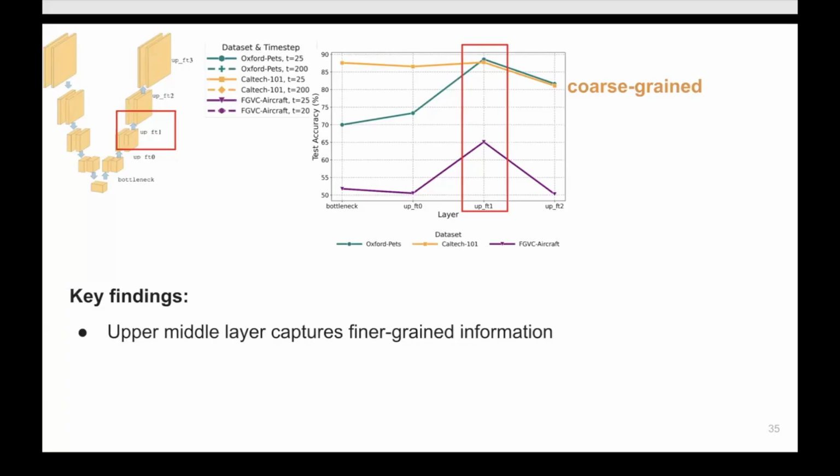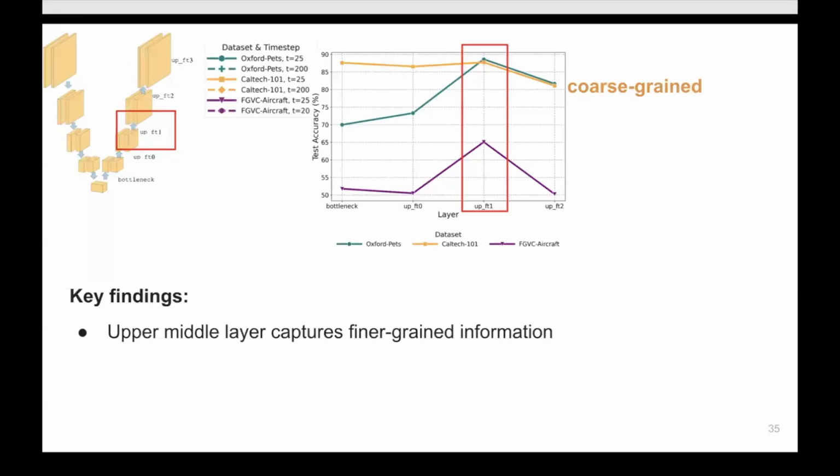You do see that for the finer grained datasets, again consistent with our KSAE observations, upfeed 1 was the block performing significantly better than the other layers. For the coarse grained, it didn't make much of a difference. It could also be because of the choice of the dataset, because in Caltech the classes are so nicely separated that a very coarse visual signal is enough to do a good classification task.